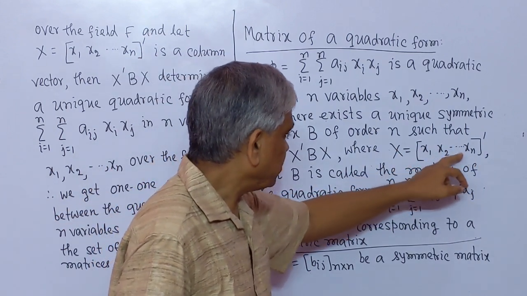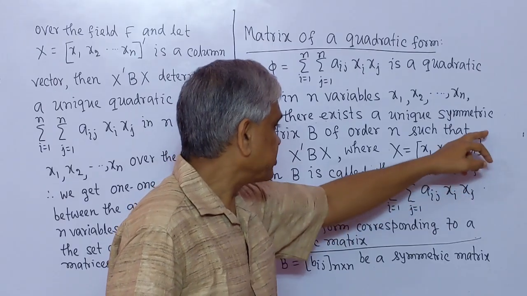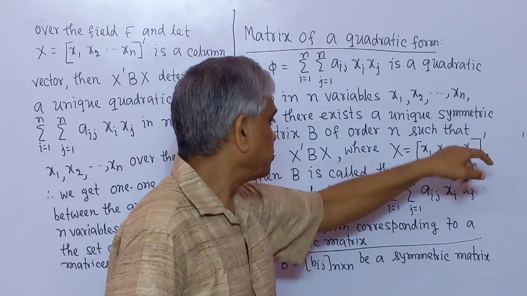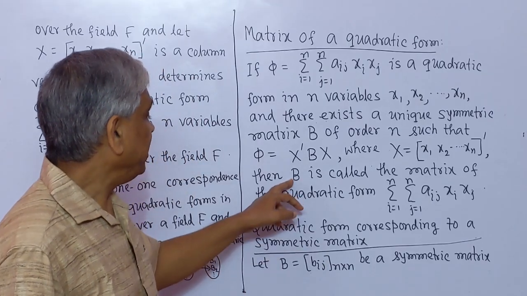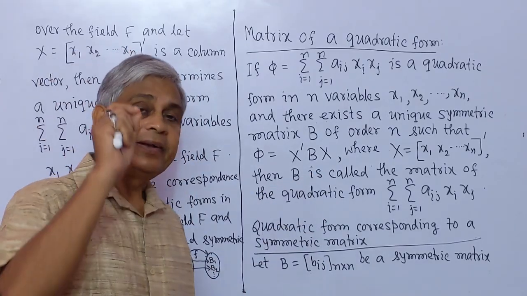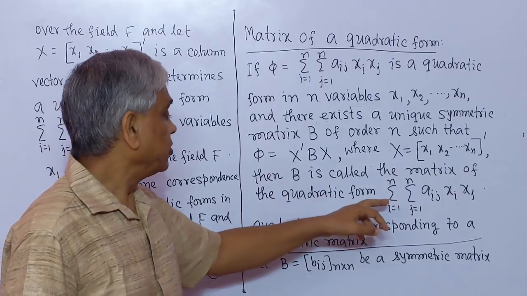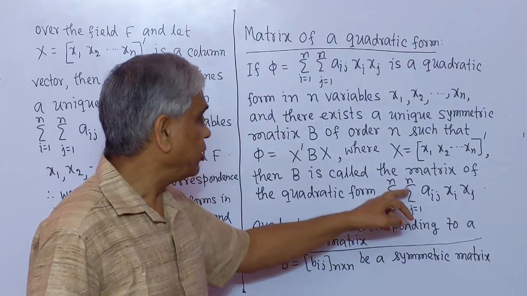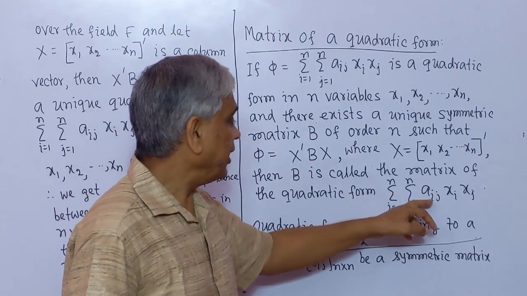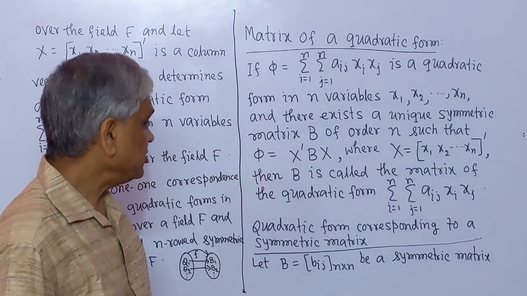Here X transpose is a row matrix and X is a column matrix. Then matrix B is called the matrix of the quadratic form sigma i equal to 1 to n, sigma j equal to 1 to n, aij xi xj.